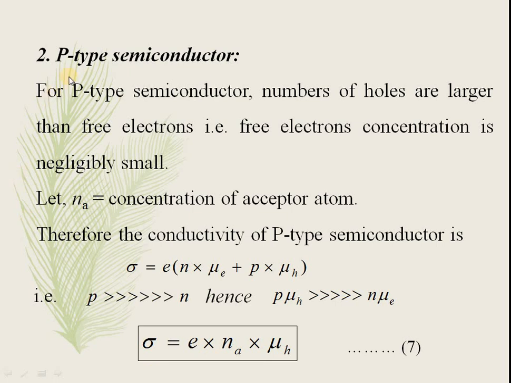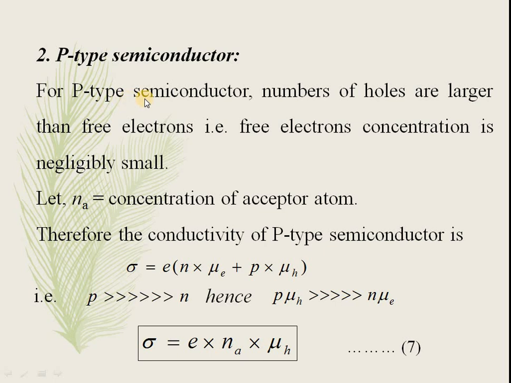Then the second type of semiconductor is the P-type semiconductor. When a trivalent impurity is added to the pure form of semiconductor, the semiconductor is known as a P-type semiconductor. In a trivalent impurity there are three valence electrons. These 3 valence electrons make covalent bonds with the neighboring atoms, but one deficiency remains, which is considered a hole.